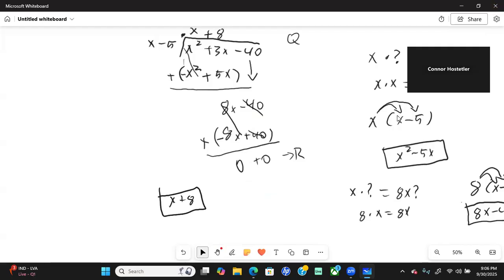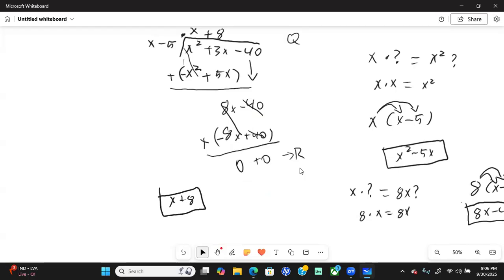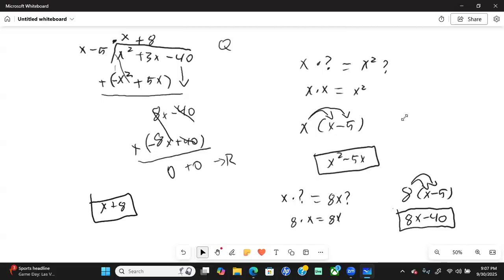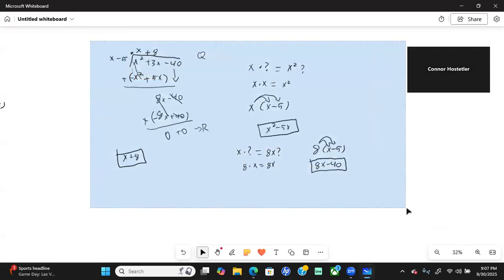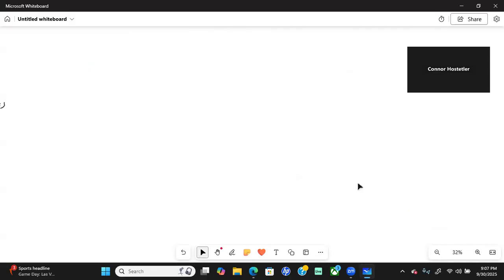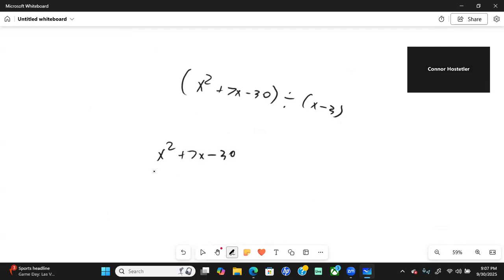So let's take all of this, get rid of it. Then let's do this one. So I can first rewrite it as x squared plus 7x minus 30 divided by x minus 3.